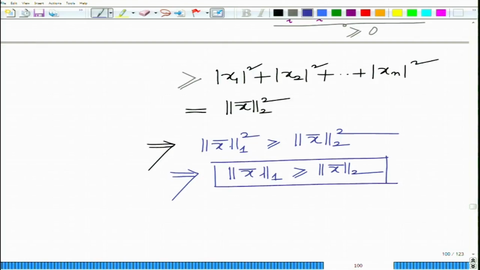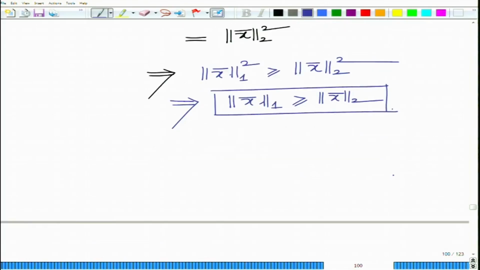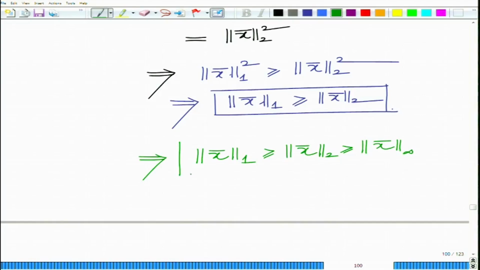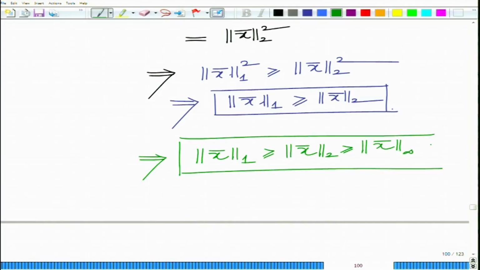We had already seen that the 2 norm is greater than or equal to the infinity norm. Putting these together, the 1 norm is greater than or equal to the 2 norm, which is greater than or equal to the infinity norm.